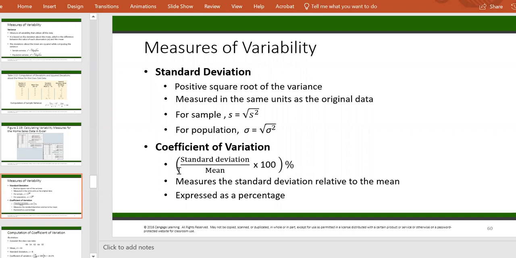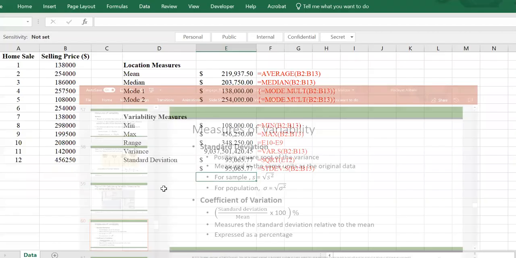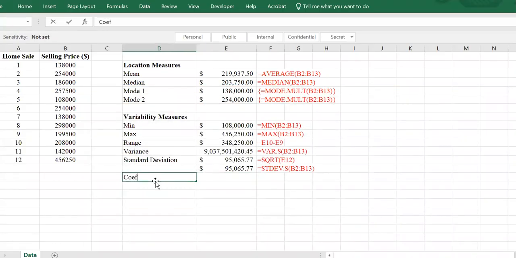Next one, coefficient of variation is simply standard deviation divided by the mean. Coefficient of variation. It's usually great when you want to compare the variability of two samples, because this normalizes the variability by dividing it by the mean.